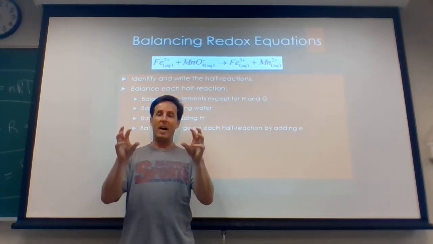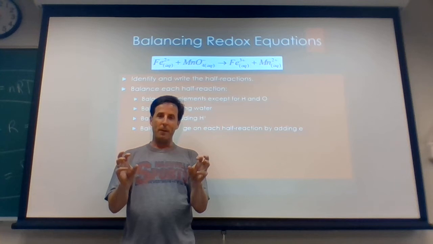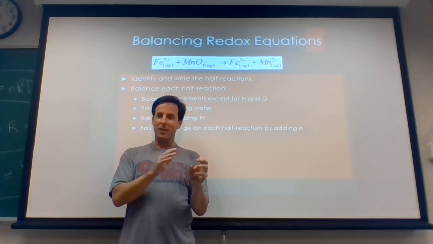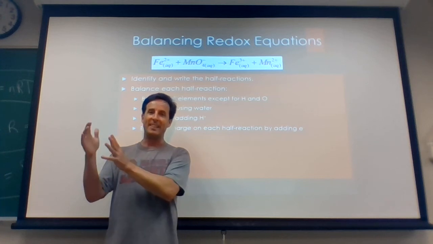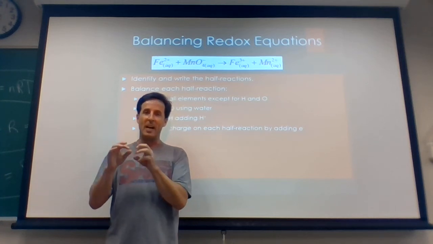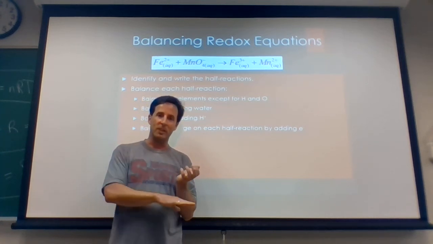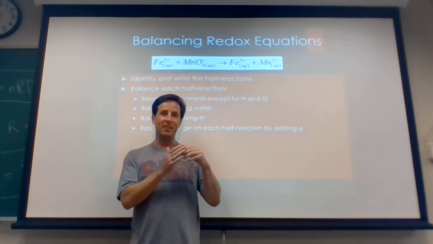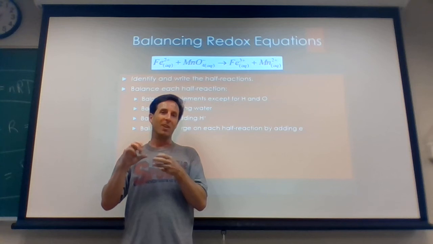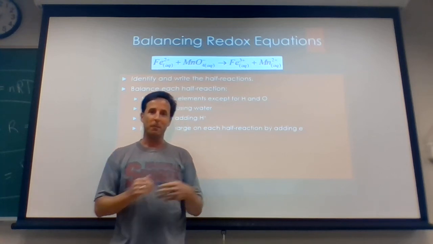If both sides are negative, I'm going to consider the side that's less negative, closer to being positive, that's the high side. The side that's more negative is the low side. So I'm going to add electrons to the side that is either more positive or less negative than the other side.